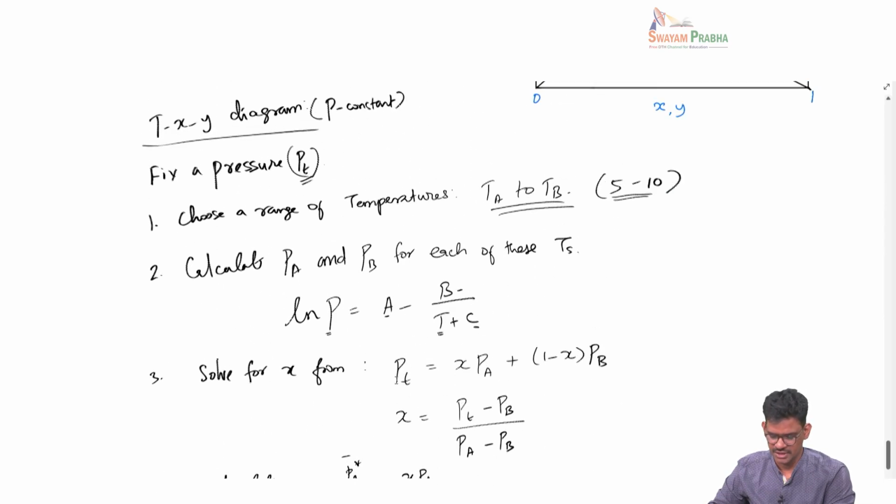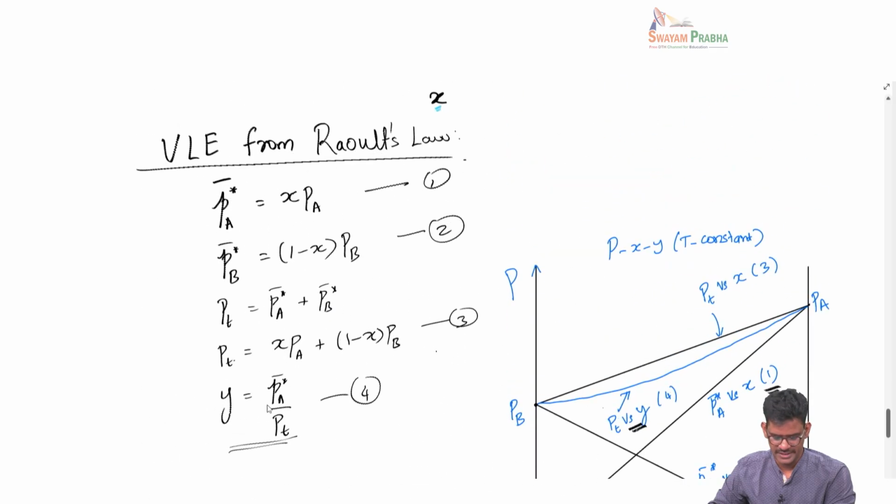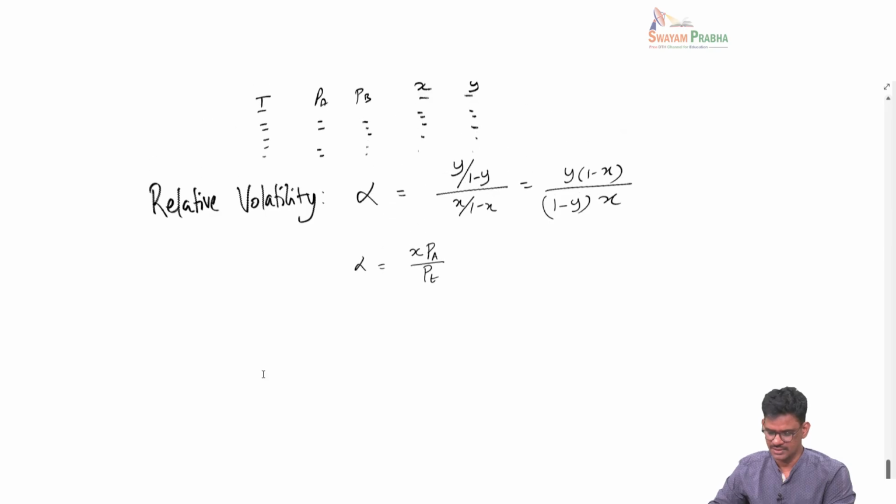You can go back to the equation I showed before. Pa is nothing but x times Pa star, so you will have x Pa by Pt, that is what y is. And I keep x as such, and then you have 1 minus x times Pb by Pt.